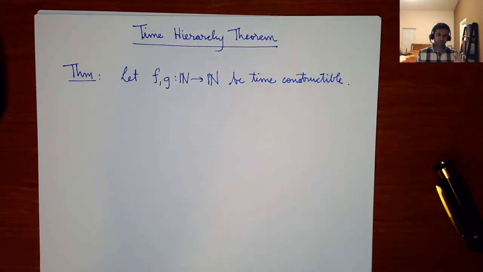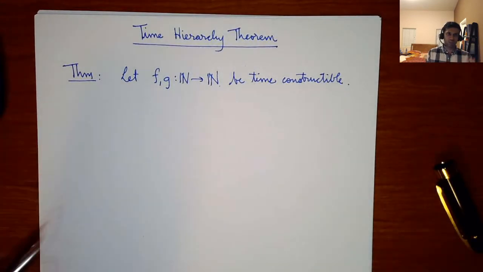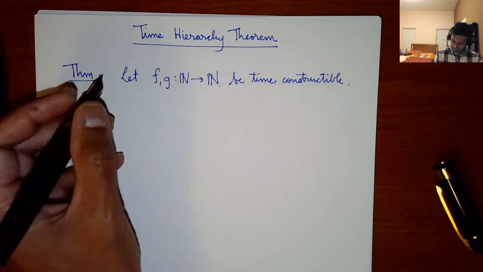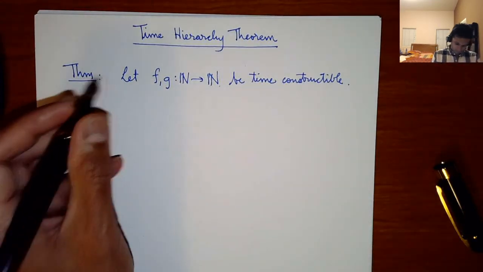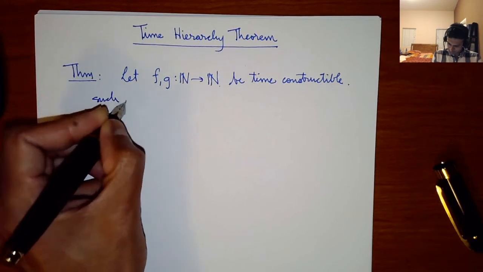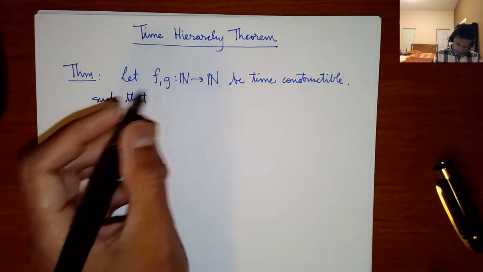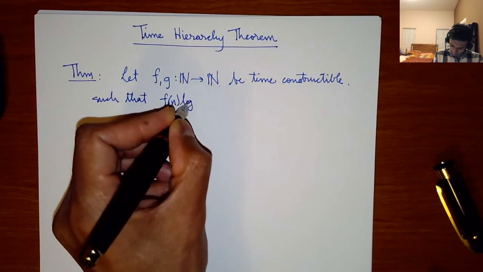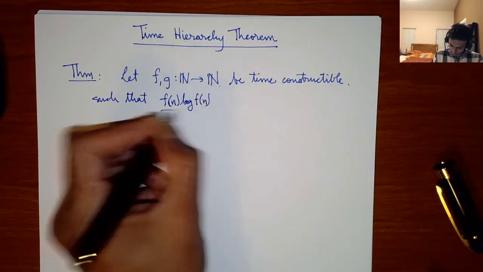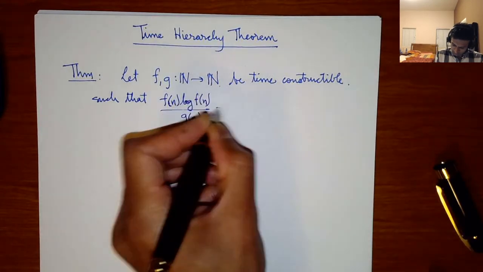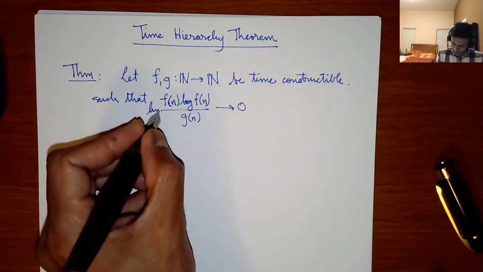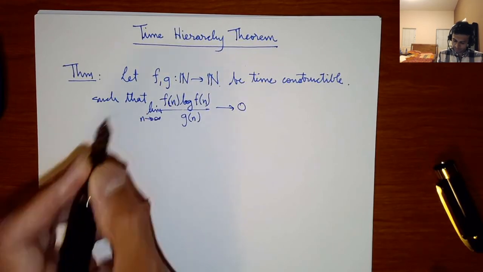If it bothers you, just ignore it and think of f and g as well-behaved functions: polynomials, exponentials, logarithmic, the standard kind of functions, such that f(n) log f(n) divided by g(n) goes to 0 as n goes to infinity.